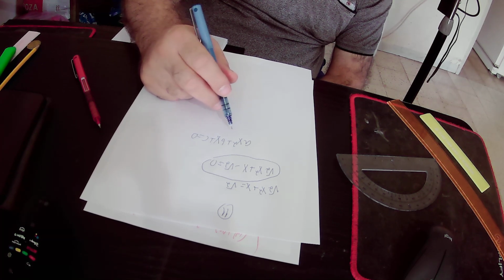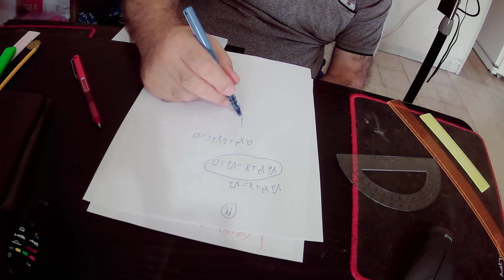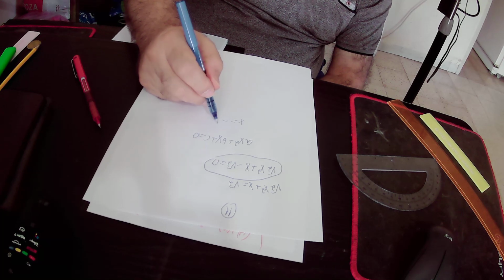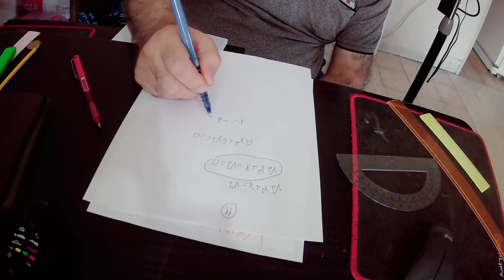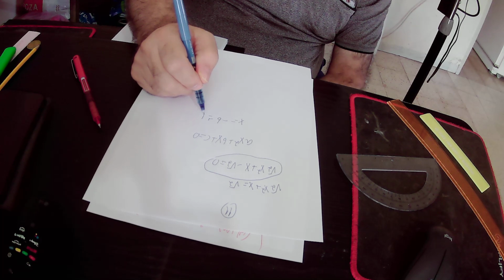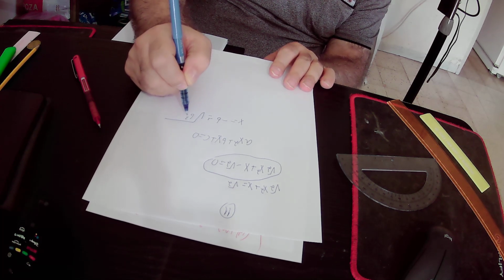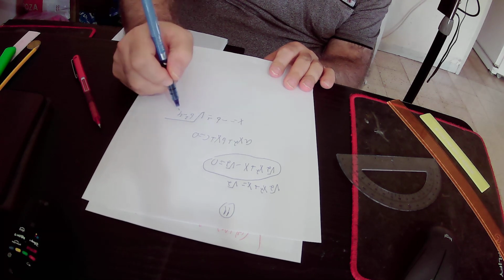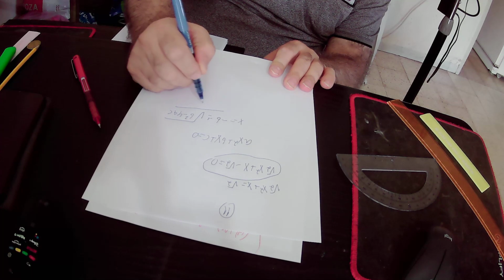And the solution of this quadratic equation is x equals minus b plus minus root of b squared minus 4 times a times c, over 2a.